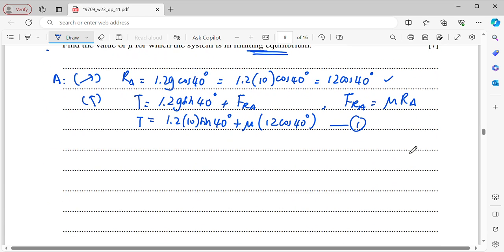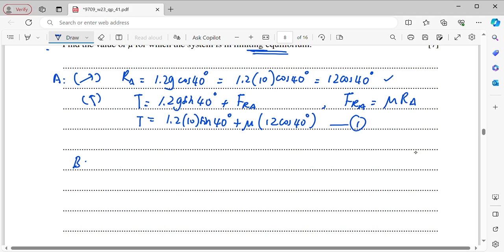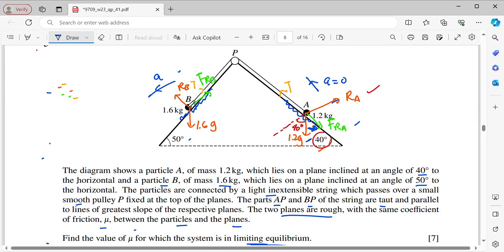It's the same, so just resolve perpendicularly and parallel. If I resolve perpendicular to the plane first, perpendicular means that I need to know this angle. This angle is basically 50 degrees.